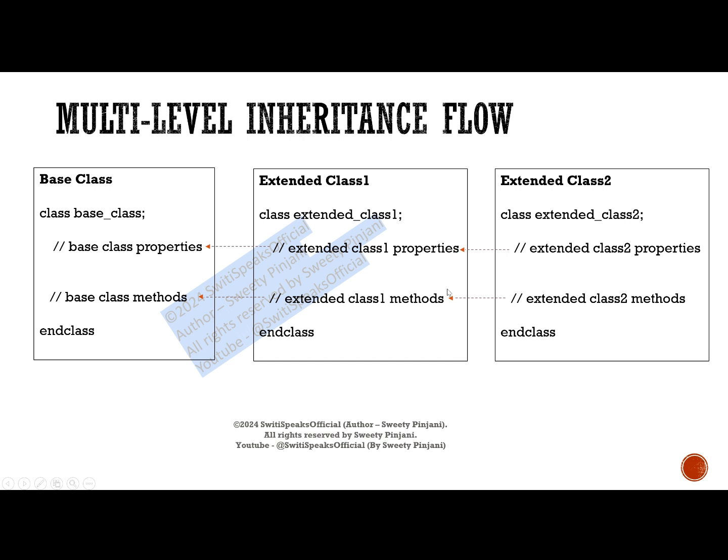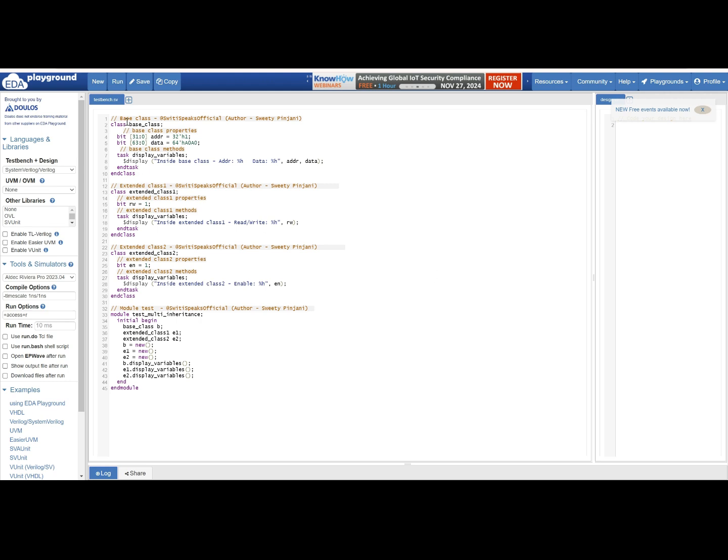Now let us understand this with the help of a coding example. This is the code of inheritance. Let me help you understand it. I have a base class which has two properties, 32-bit address and 64-bit data. Here I have a task display variables which is displaying the address and data value.